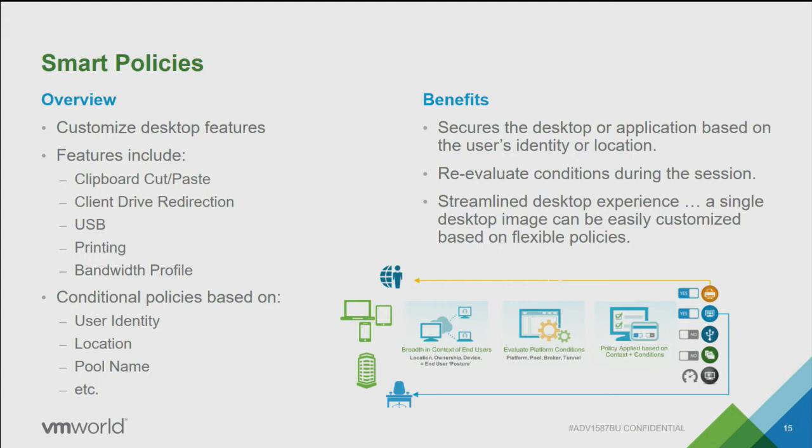So we can change the clipboard, we can change the copy-paste, we can even tailor the bandwidth profile. So you're coming from inside the network, I'm going to open up the profile and give you a really good experience. You're coming from home over an external internet connection, I'm going to take that profile down and give you a lesser experience because I know your bandwidth isn't quite capable of it. So we can really tailor the security stance based on where you're coming from and those conditional policies.